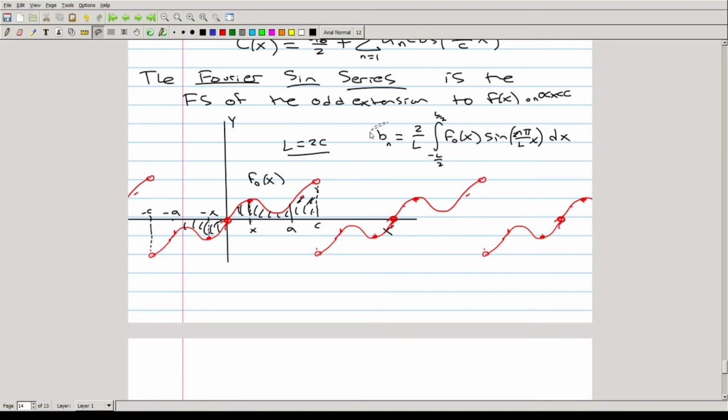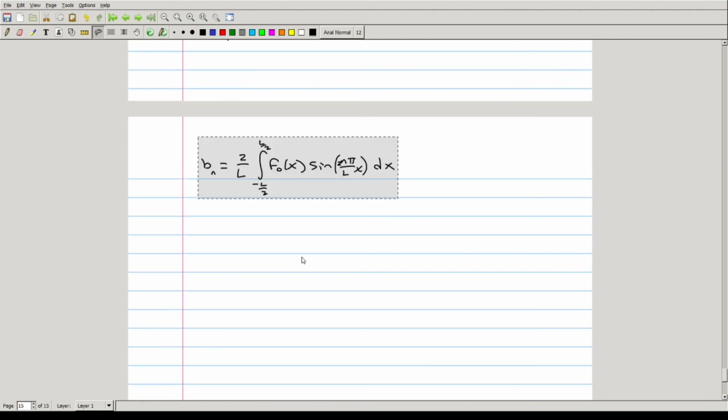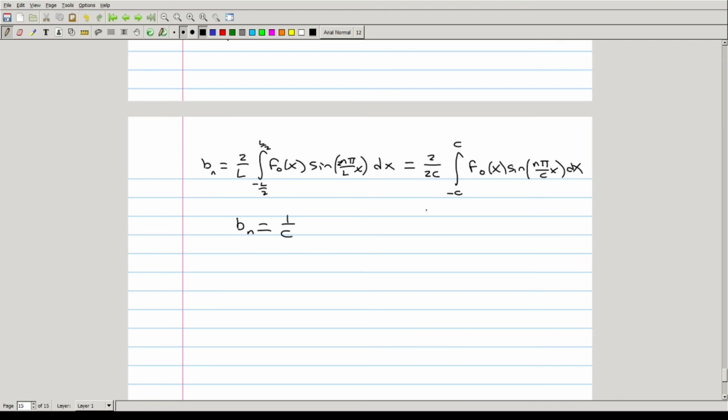So if we go through and evaluate what the Fourier coefficients simplify to, the bn's are going to simplify to 2 over 2 times c integral from negative c to positive c of f odd of x times sine of n pi over c times x dx, which is just 1 over c.